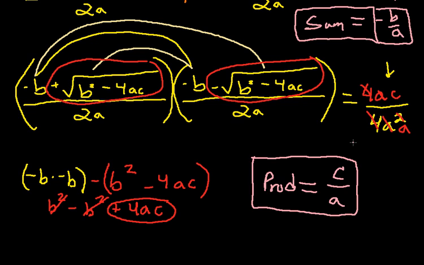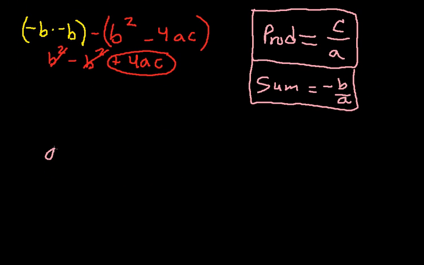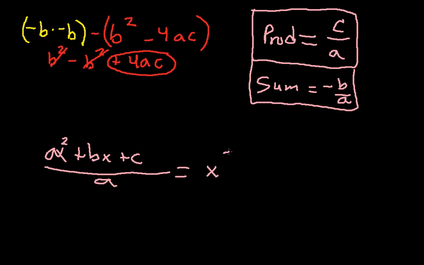All right, so if you're still with me, we have the product is c over a, and the sum is equal to negative b over a. Now if you go back to the original, ax squared plus bx plus c, and we divide everything by a, we have x squared plus b over a times x plus c over a.